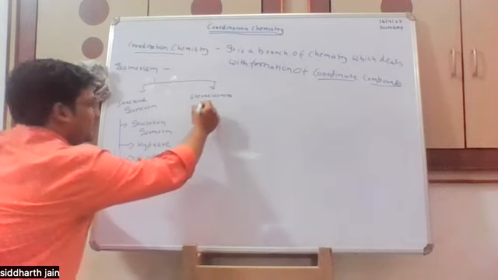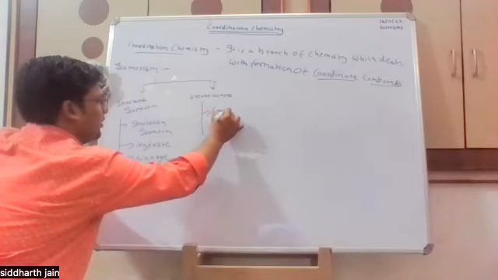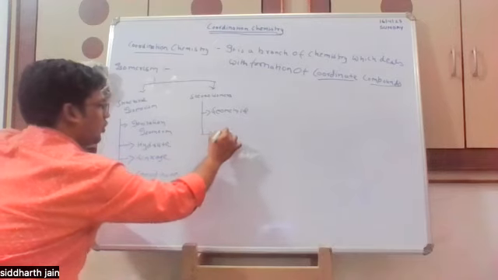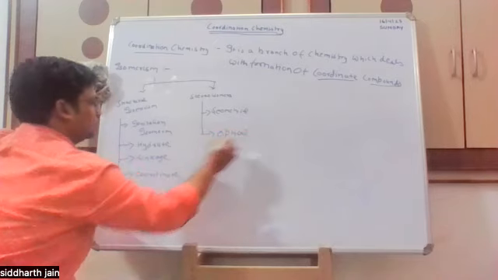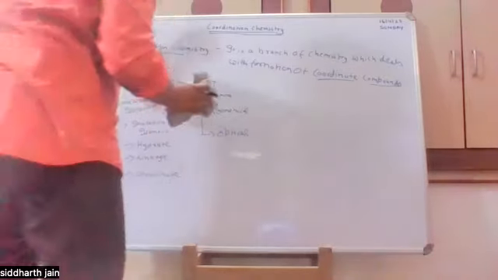And in stereoisomerism, we have two types, which are geometrical and optical isomerism. Now, what are these different types of isomerism? Let's look at them one by one.